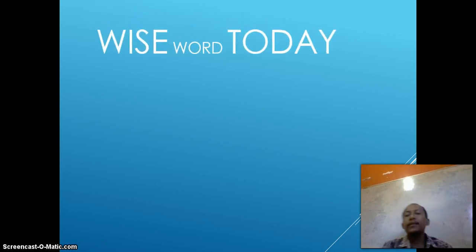Okay, I think it's enough for today's meeting. I do hope you understand what I have explained to you. Remember, you have to understand which one is the adjective clause, which one is the independent clause, and which one is the dependent clause.